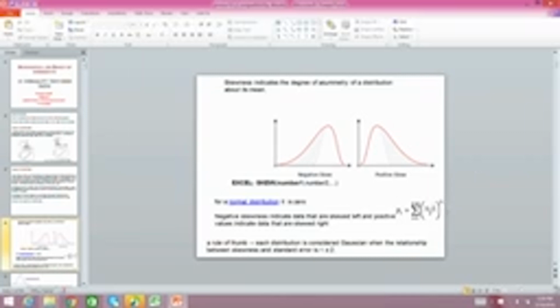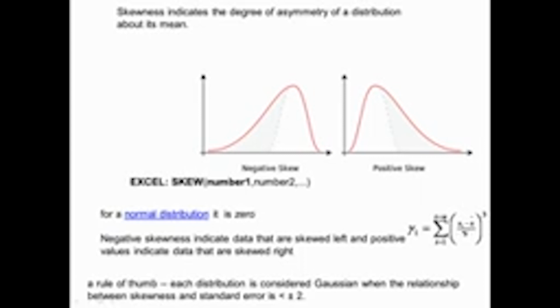So this is the formula for skewness. It is called the third moment. So you have x_i, that is each data point, minus x bar, the average, divided by the standard deviation, cubed, and it is calculated for all these data points. So Excel, as I showed you, can calculate your skewness, and it tells you whether it is positively skewed or negatively skewed.